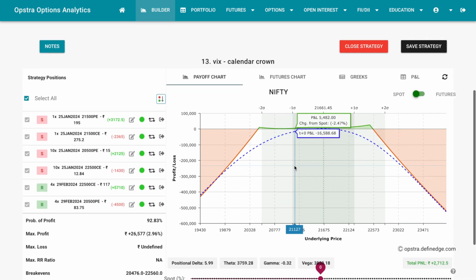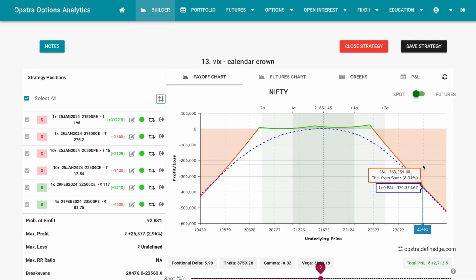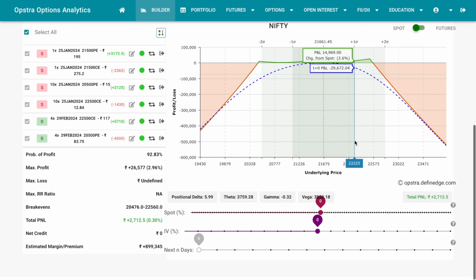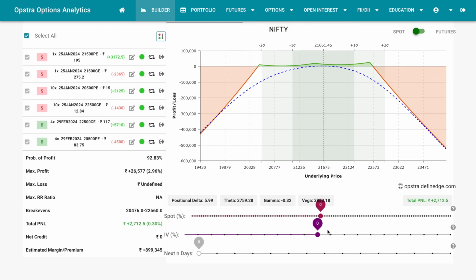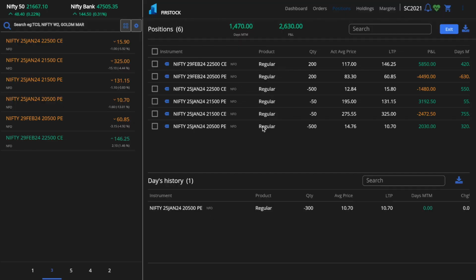So it will support the volatility if the market goes down, but at the same time, if the market is too violent, the strategy will give positive returns, and there is a good amount of theta. If the market doesn't make much movement, the theta will also decay, and we will get around 10,000 or so, and that is fine. That amount is fine if we get around 10,000 out of it.